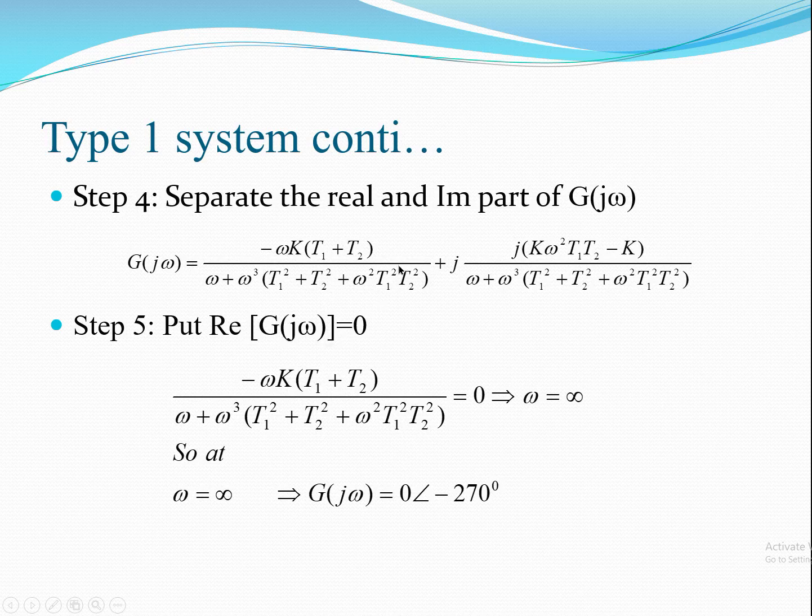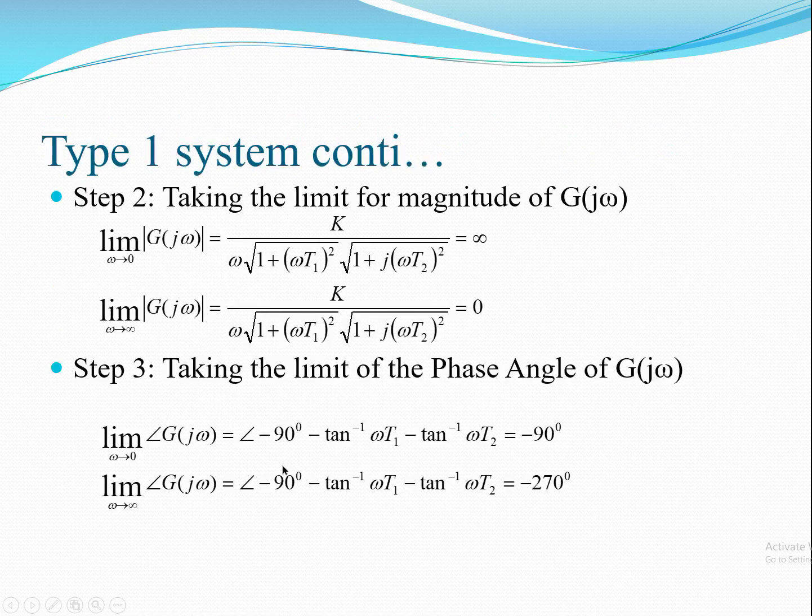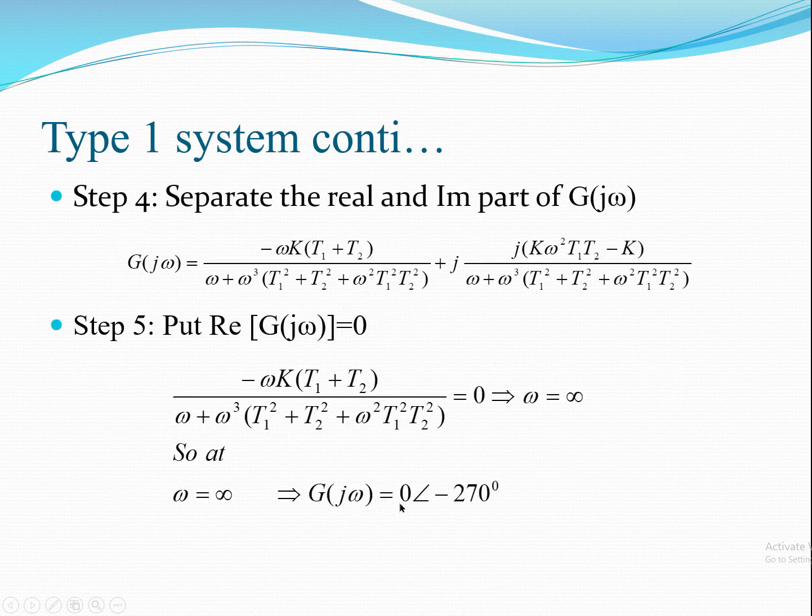If we put omega equal to infinity in this main equation, we get G of j omega equal to 0 angle minus 270 degree. So the polar plot intersects the imaginary axis at omega equal to infinity, with magnitude 0 and angle minus 270 degree.